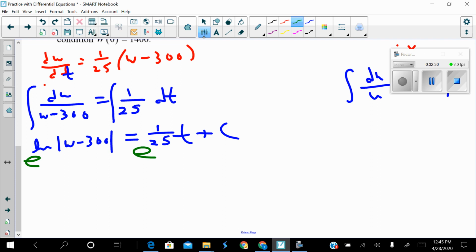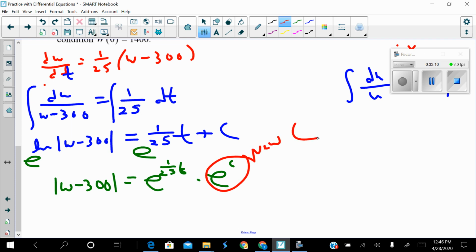On this side, technically I would have w minus 300. This side, when you have the plus c up there, it's just going to come down front. The reason is because this side would be e to the 1/25 t times e to the c. When you multiply with the same base, you add exponents. So when the exponent looks like a sum, you can break it up to look like multiplication. But this e to the c is just your new c.